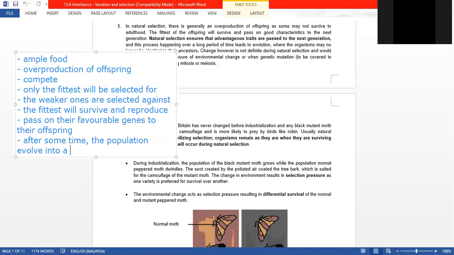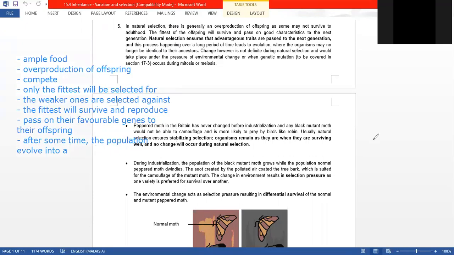Say the parents are very tall giraffes. They go on to reproduce offspring that are tall and also short. So that means these two will win. These two will be selected against. So these two will continue to reproduce, these two will not.